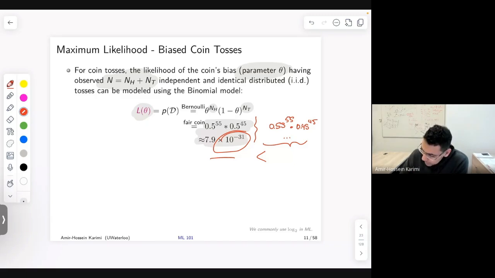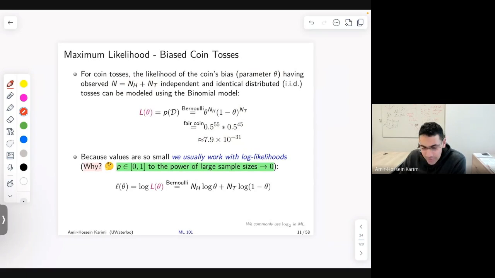So because these values are pretty small, just like we've done in the past, we use the log likelihoods instead of the likelihoods themselves. So we can write out the log of the likelihood function, now expressed as this cursive L, as nh times log theta plus nt times log 1 minus theta.